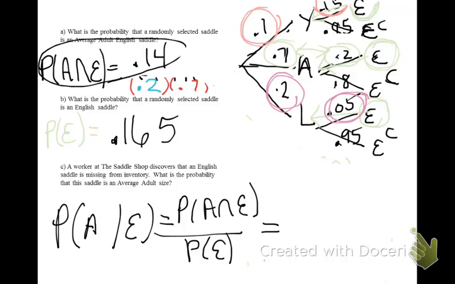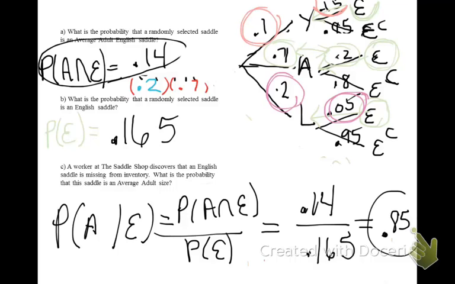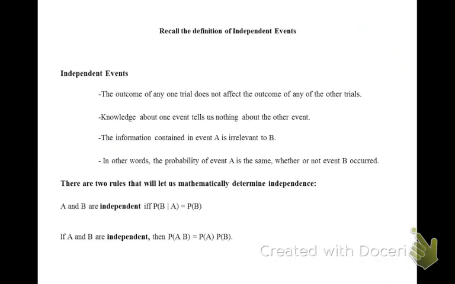And that's what we found in parts A and B. We know that the intersection is 0.14, and we know that the given is 0.165. If you divide these numbers out, that means there's an 85% chance that this English saddle was for an average adult.